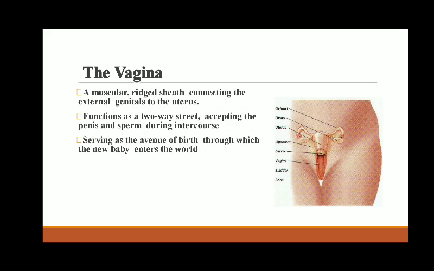It is a muscular ridged sheath connecting the external genitalia to the uterus. It functions as a two-way street: first, accepting the penis and sperm during intercourse, and second, serving as the avenue of birth through which a new baby enters the world.